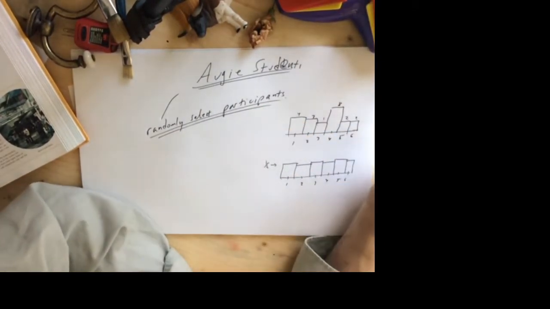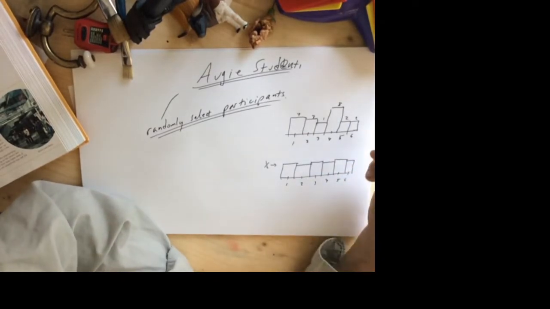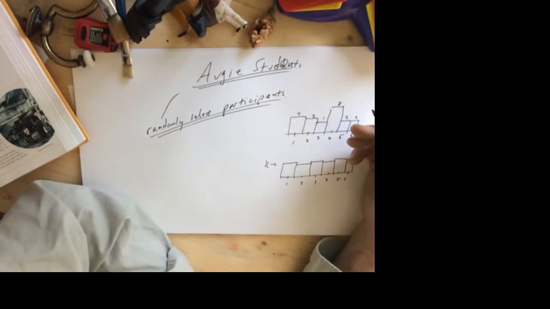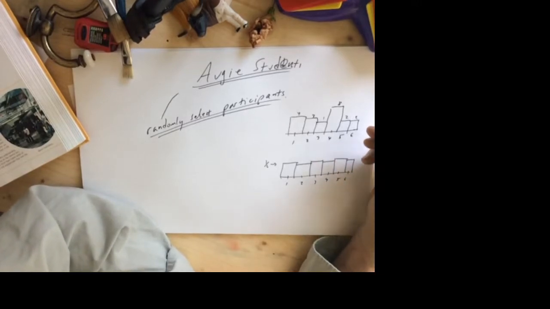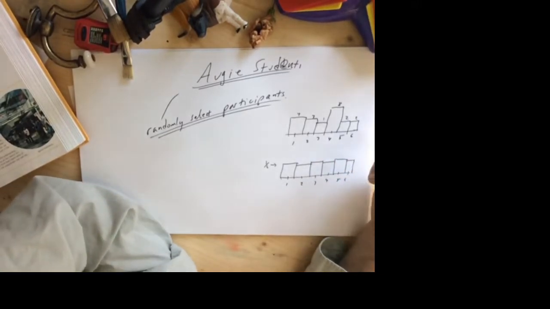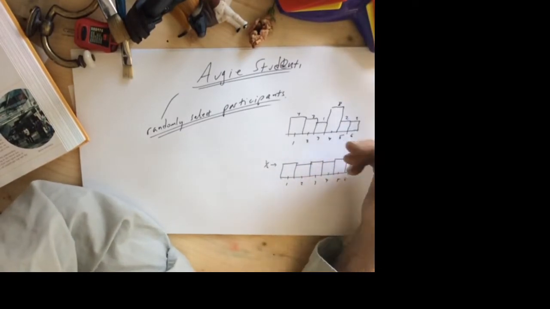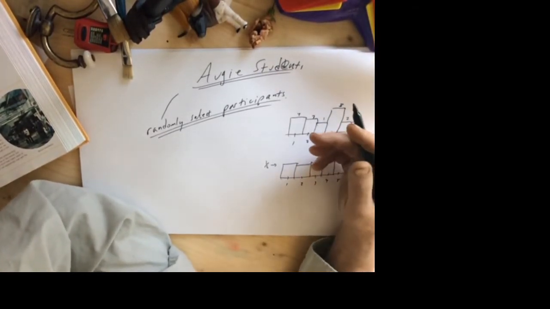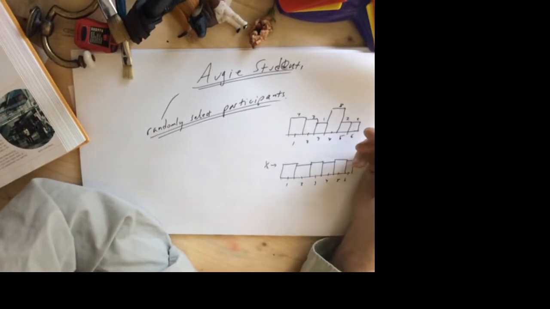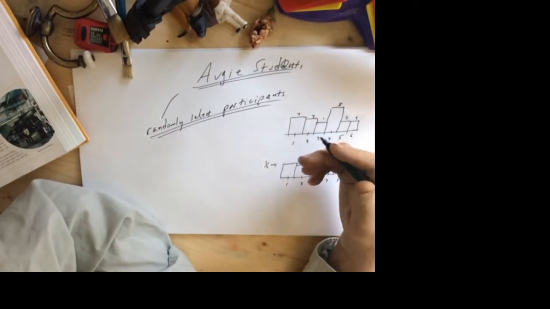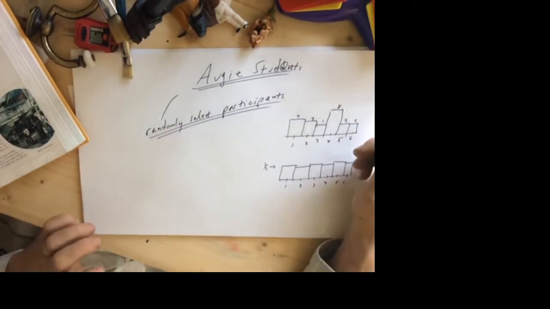So when I randomly select Augie students, if I select enough of them, I can predict that I expect to have a representative percentage of freshmen, a representative percentage of female students, a representative percentage of athletes, a representative percentage of bio majors.